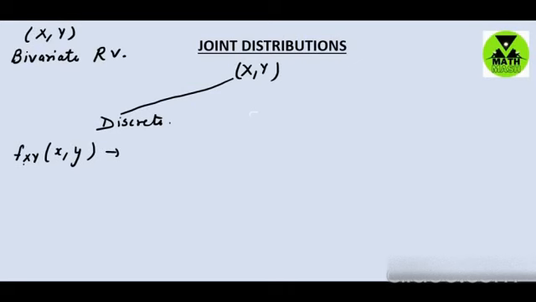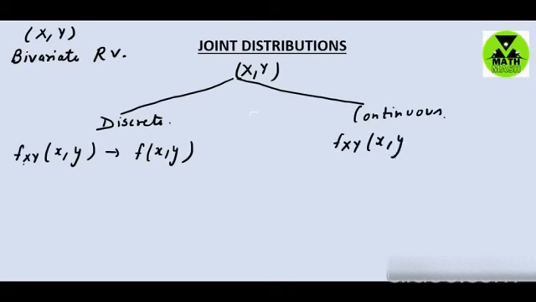In some books it is simply referred to as f of x comma y. Now, if both these random variables are continuous, the notation is the same, represented by f XY of x comma y, or simply f of x comma y.